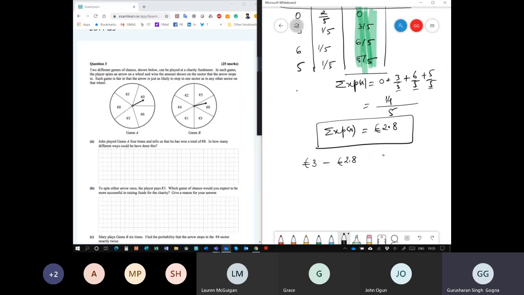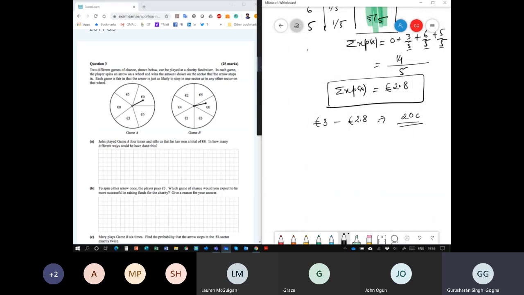So you won't make much money out of this. The difference is 20 cents, isn't it? But let's check game B first, before we conclude that.